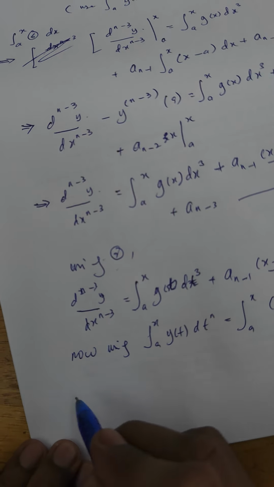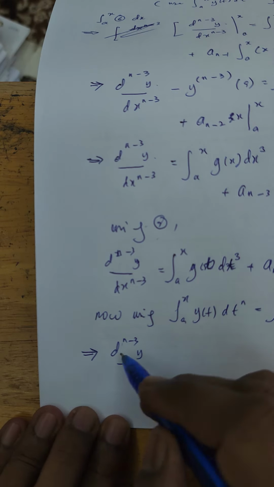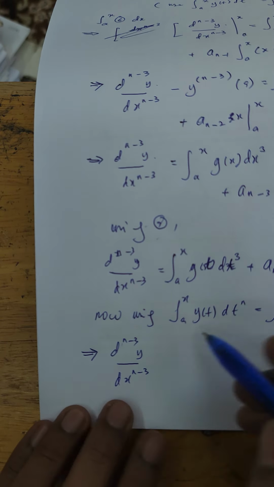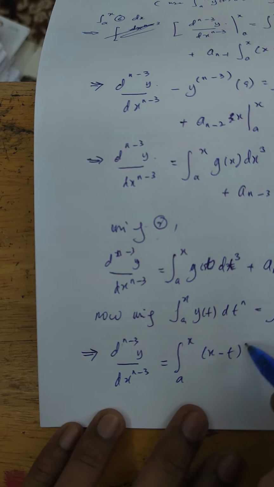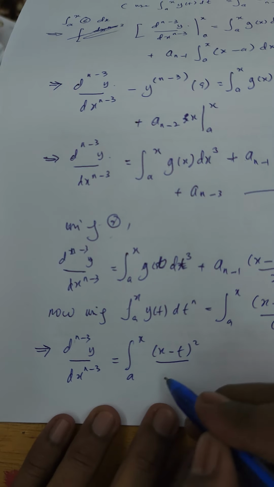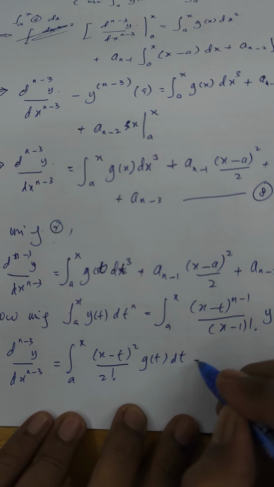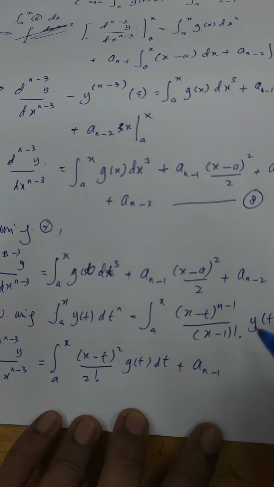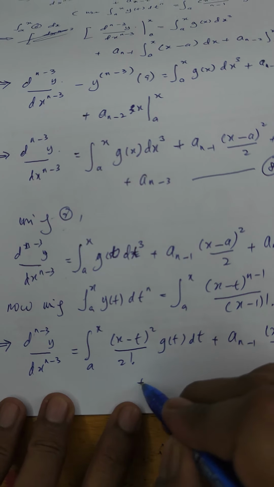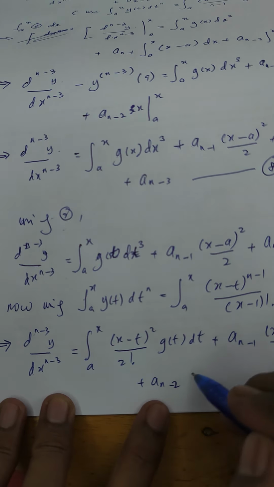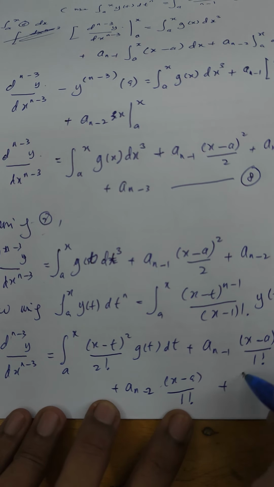Okay, so we got d^(n-3)y/dx^(n-3) equal to the integral from a to x of (x minus t) squared over 2 factorial times g(t) dt plus a_(n-1)(x minus a) squared over 2 plus a_(n-2)(x minus a) over 1 factorial plus a_(n-3).